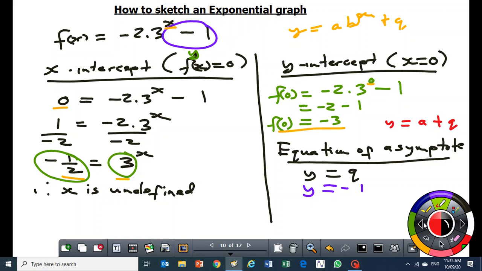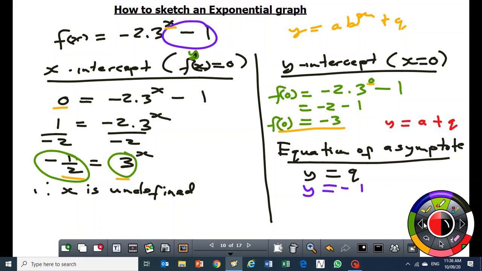Your equations must start with x or y. For the hyperbola, the equation of the vertical asymptote is always x equal to 0. It doesn't change. Your horizontal asymptote is y equal to q. So for both the exponential function and the hyperbola, the horizontal asymptote has got the same equation.